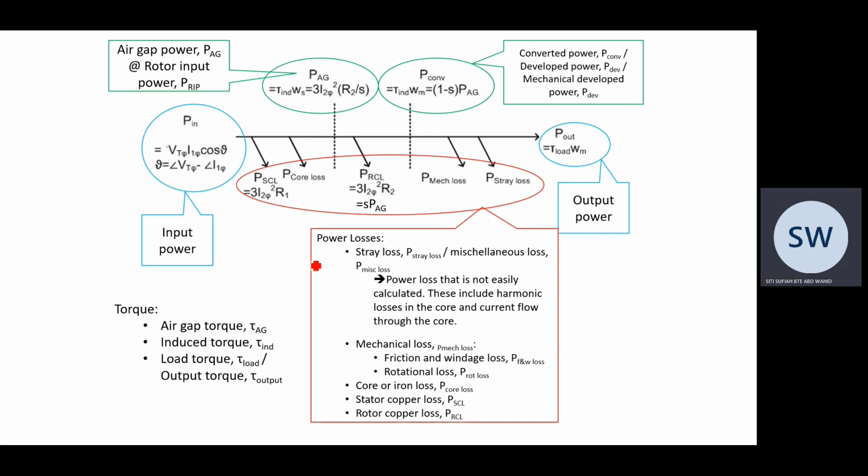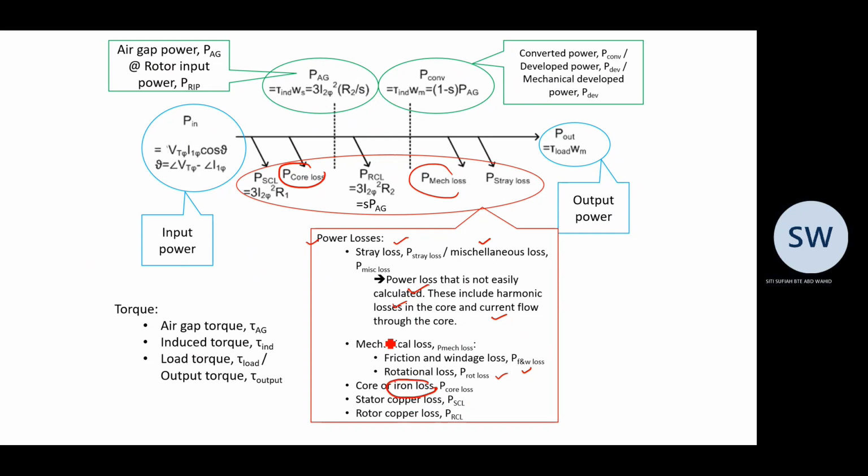The descriptions of the losses are listed down here also. Stray loss, sometimes we call it miscellaneous loss. It's losses that are not easily calculated, for example harmonic losses and current flow through the core. Mechanical loss is divided into 2: rotational and friction and windage. Core loss, sometimes we call it iron loss as well.